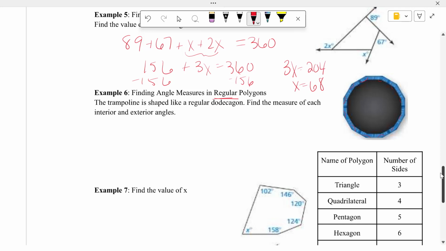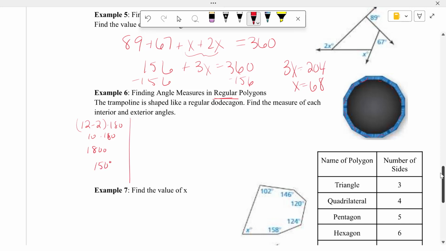So there's a couple ways you can do this. If we go just straight interior, we're going to calculate 12 minus 2 times 180. 10 times 180 is going to give us 1800 total degrees. 1800 total degrees divided by 12, that's 150 degrees for each angle.